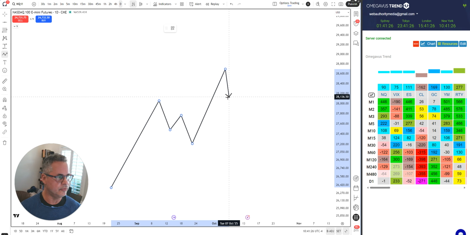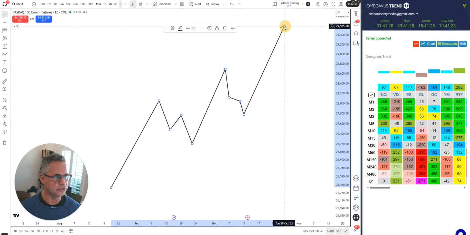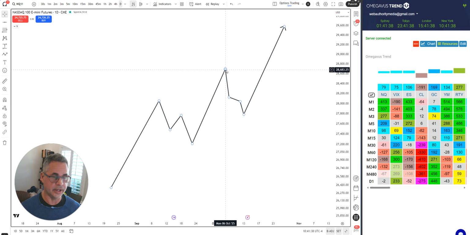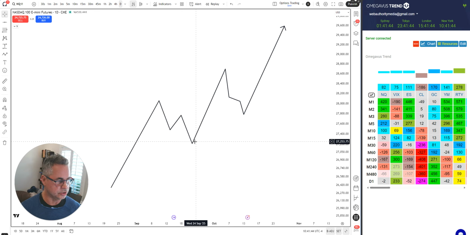Then an impulse move, corrective mode, and impulse move, right? Everything moves in oscillations of corrections and impulse moves or expansions. So this is basically a 5-wave pattern: wave 1, correction 2, wave 3, correction 4, wave 5.